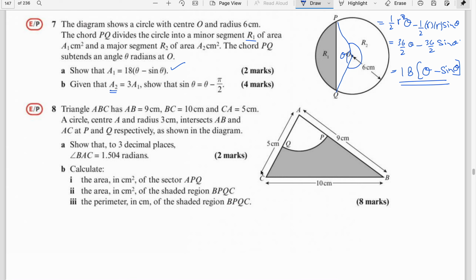So on the right hand side, this is actually 2 pi minus theta. So the area of the arc is 1 by 2 r square theta.